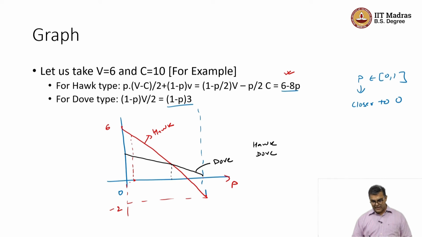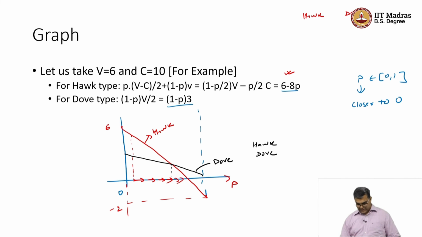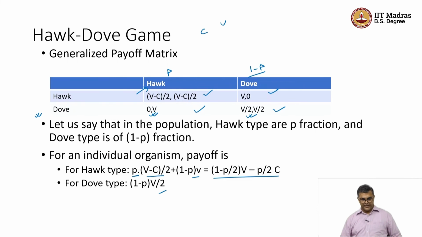Hawk has higher fitness. So, their population will increase, their proportion will increase, because hawks are fitter than dove and they will move in this direction. Similarly, I want you to calculate what would happen if among hawk population doves are introduced.